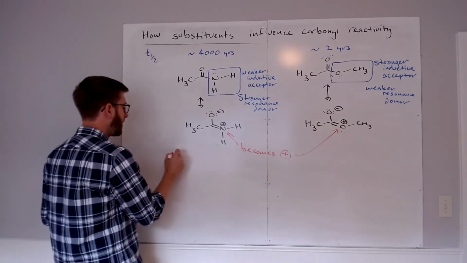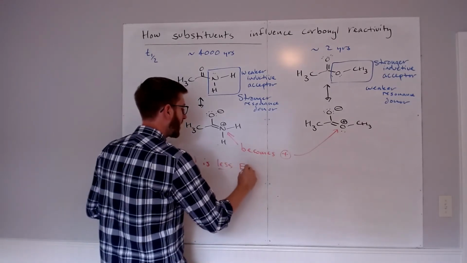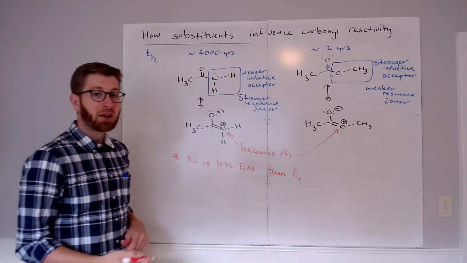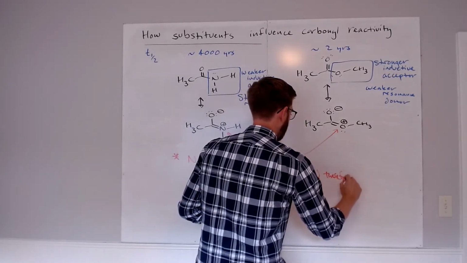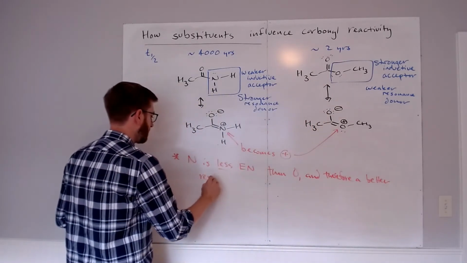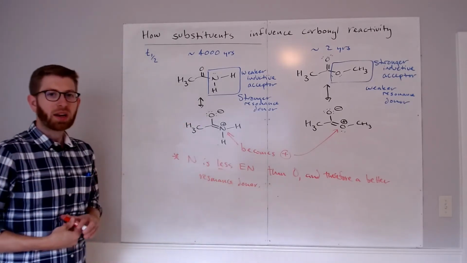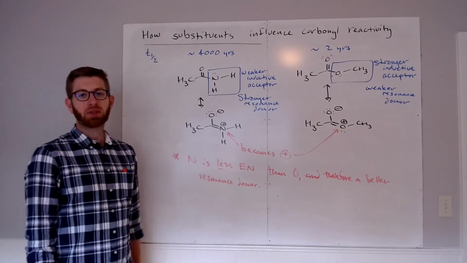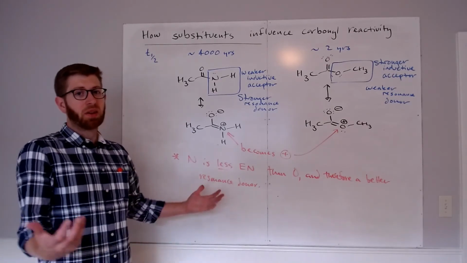So we could say something like, nitrogen is less electronegative, EN, than oxygen, and therefore a better donor. We're looking at it here in terms of the effect of having donated. That atom is becoming positively charged. We know nitrogen is probably a little bit more okay with that than oxygen was.